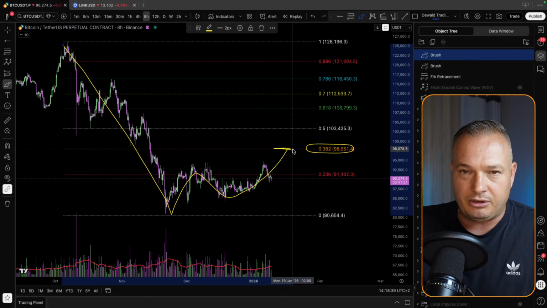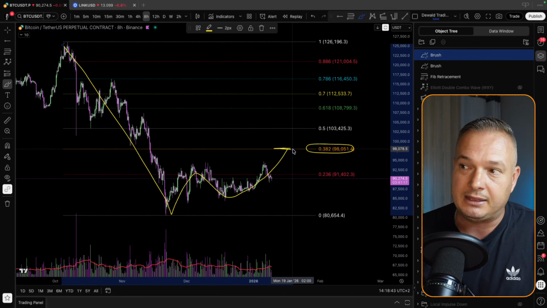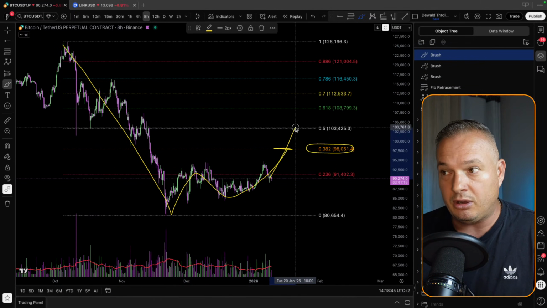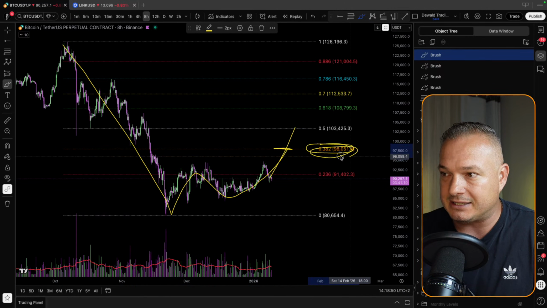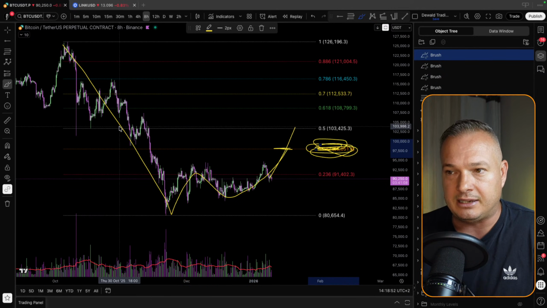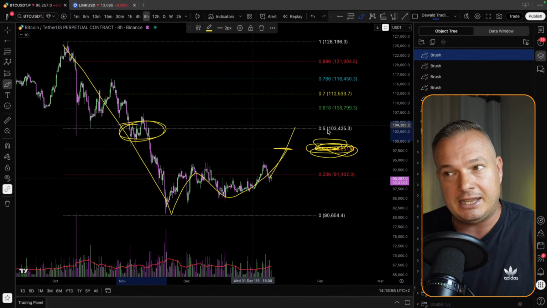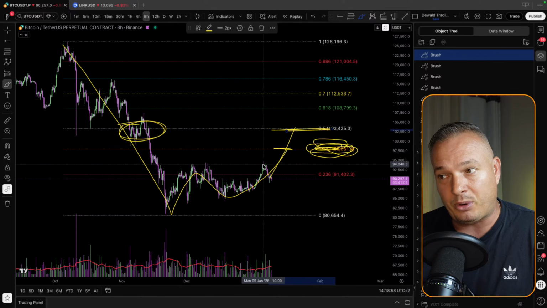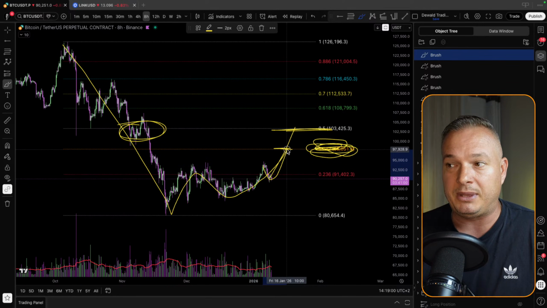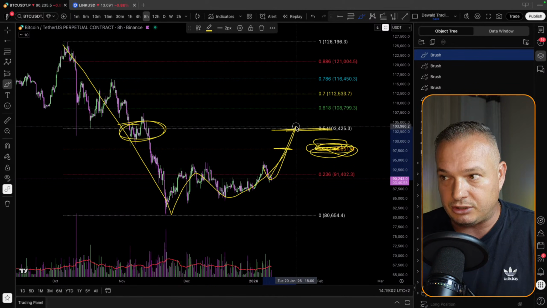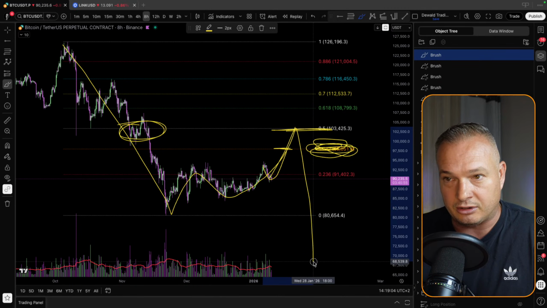Maybe during the live stream I will refer back to this level so you know exactly where I get it from. If it wants to go higher, great, because there's not a lot of resistance at that level from a price action perspective, but there's nice resistance by the 50%. So if price wants to shoot up here, it could surpass the 382 and go to the 50% before we get the drop.